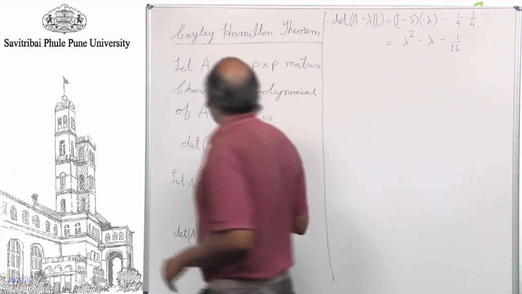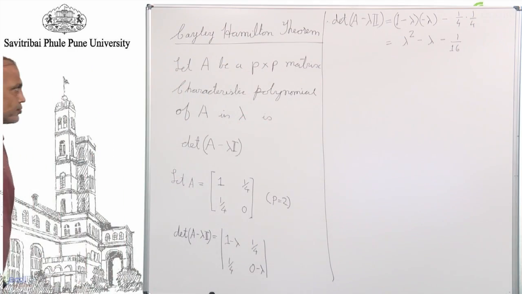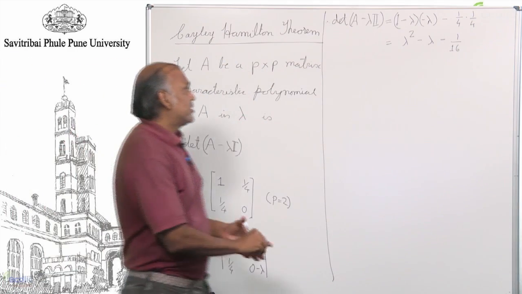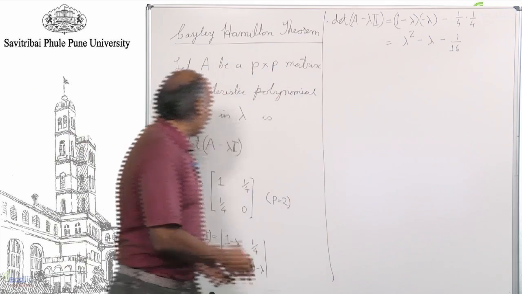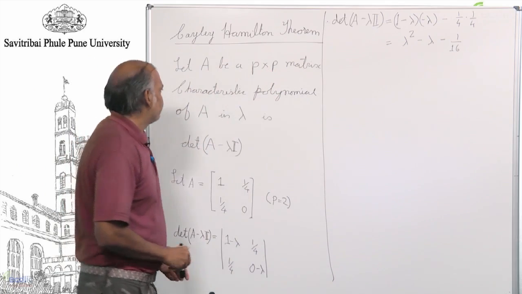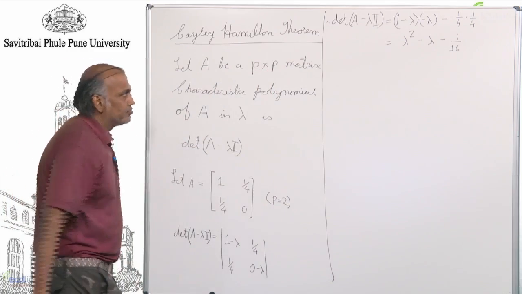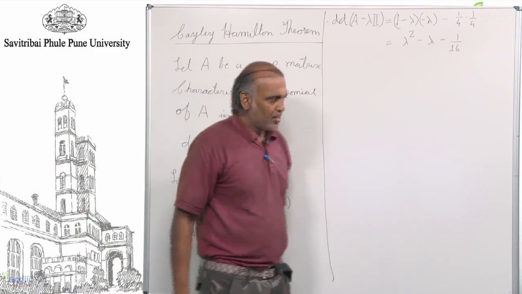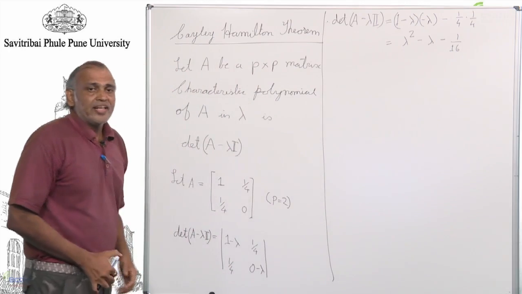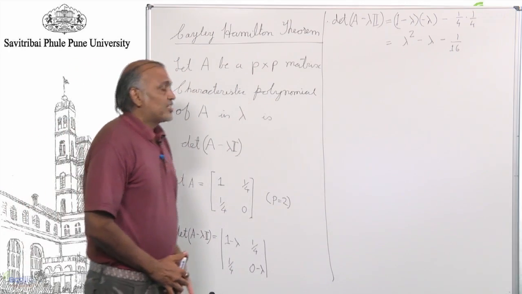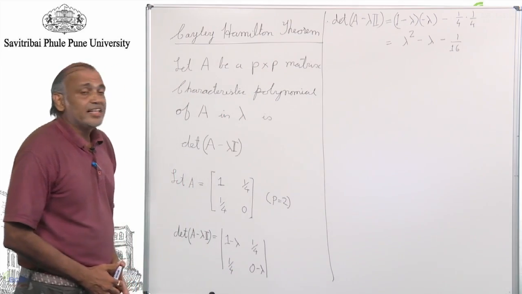Notice that I am not equating this to 0. So this is the characteristic polynomial of this A in lambda. That turns out to be this. So this is a quadratic expression. As a polynomial in lambda, it has degree 2.